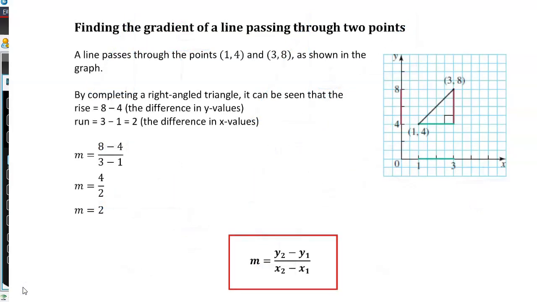Now often we need to find the gradient of a line that's passing between 2 points. So we get given a graph, or we get given 2 points, and we have to find the gradient between them. So again, I've taken this from the book because it helps a bit with diagrams and things.